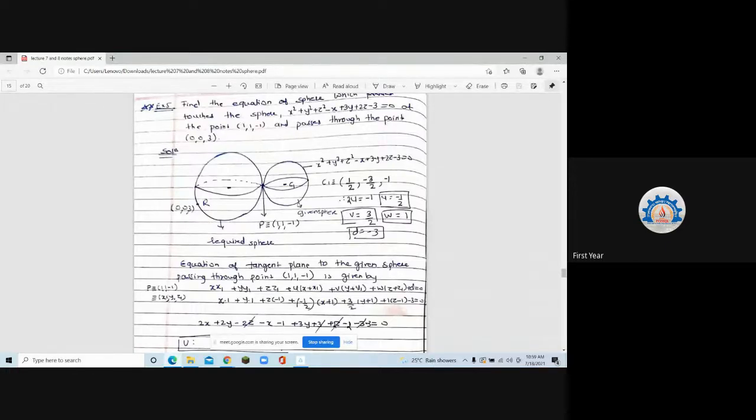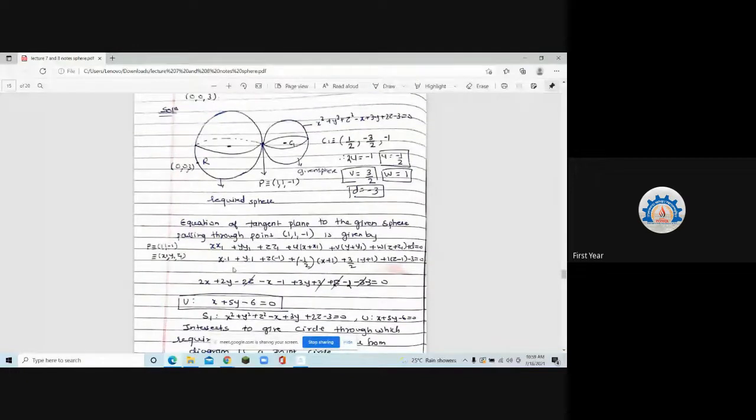I'm trying to find the plane. Okay, fine. So for that, just see what I have done. I have made use of the condition of the tangent plane, x x1 plus y y1 plus z z1. This I am trying to find. What is the point x1, y1, z1? That is this point P. What is UVW?